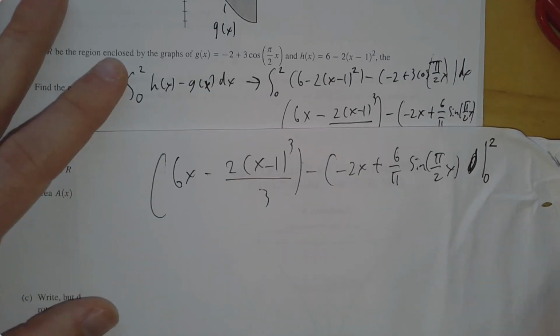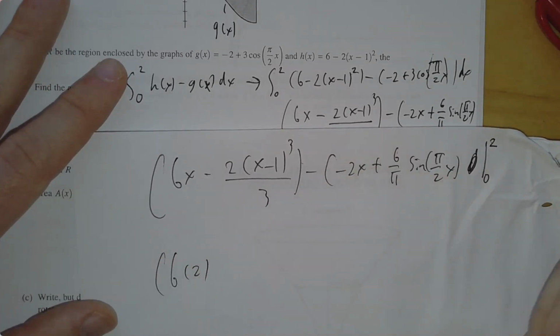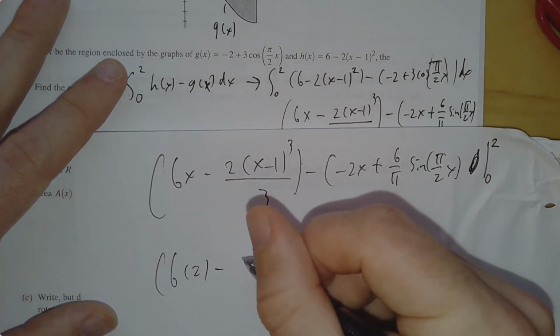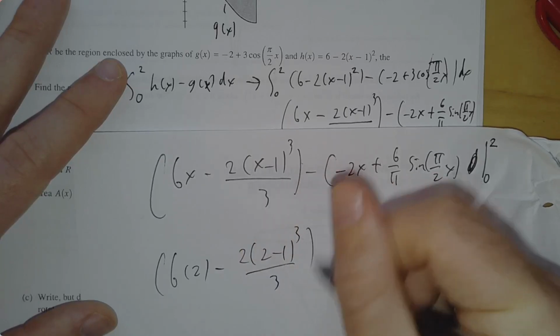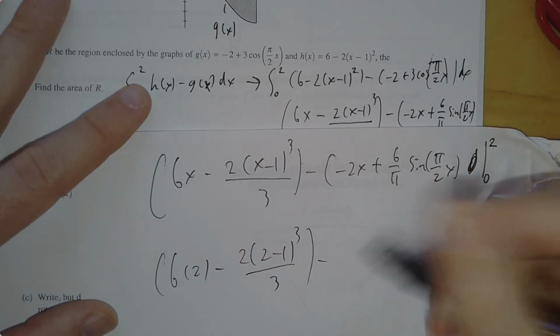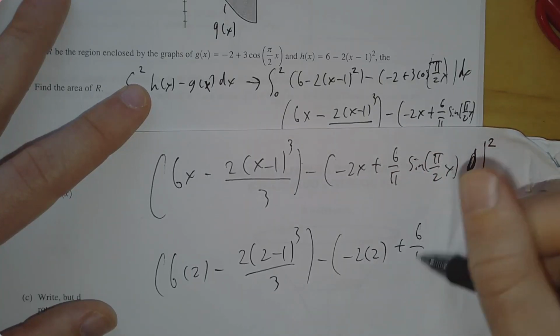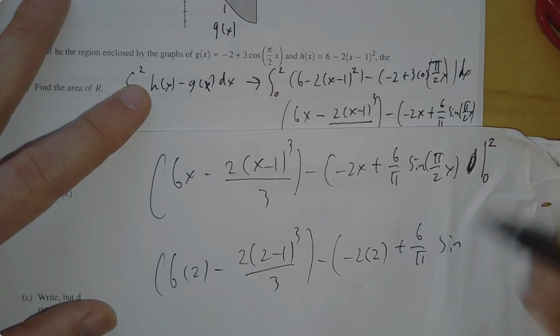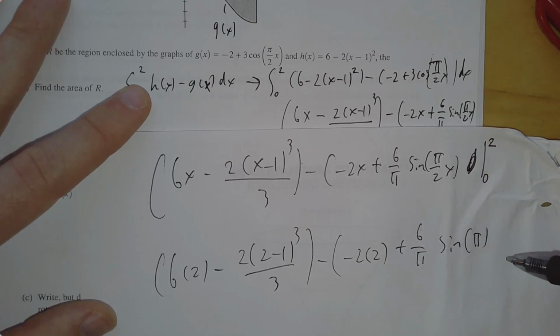Anyway, we continue. Plug in the 2. So we're going to get 6 times 2 minus (2 minus 1) to the third over 3 minus negative 2 times 2 plus 6 over pi sine pi, because the 2's will cancel. 2 times 1 over 2 is just 1, so it's gone.